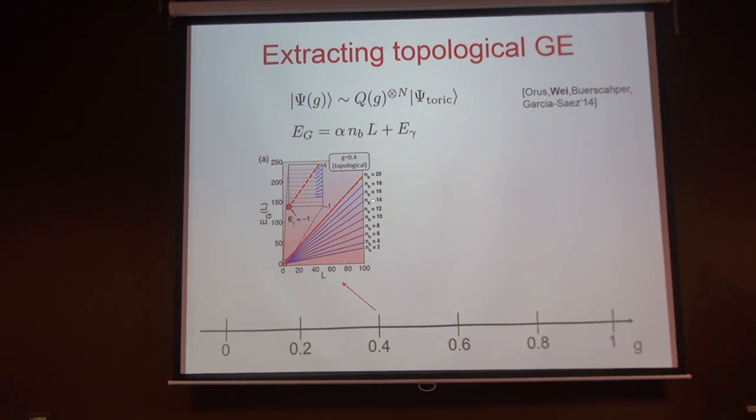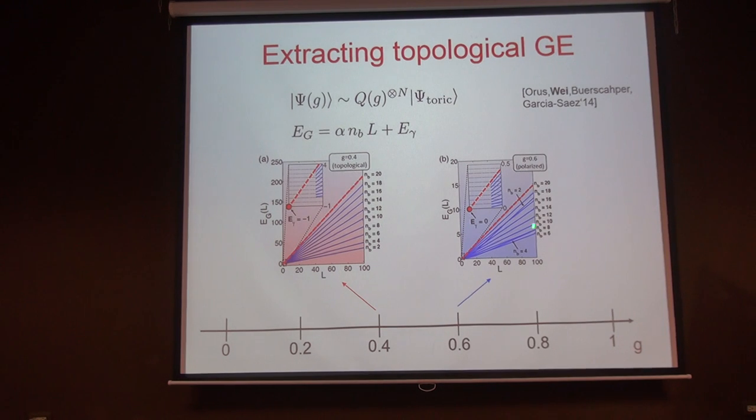You see that as block size increases, we get better and better extrapolation to -1. Even for a moderate number of blocks, this works very well. And we get -1 for 0.4. So this means that this is still in the same topological phase as the toric code.